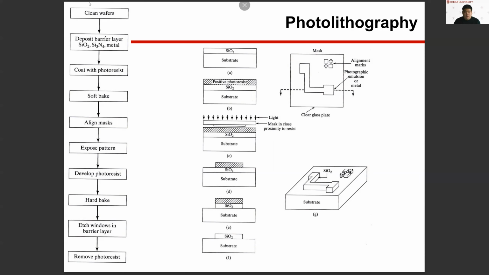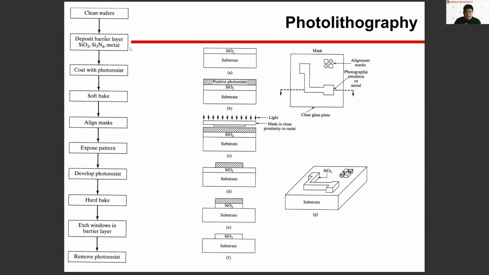When the wafers are cleaned to be defect free and particle free, because the silicon substrate itself has a natural oxide layer from the oxygen gas in nature, we need to remove the natural oxide layer.